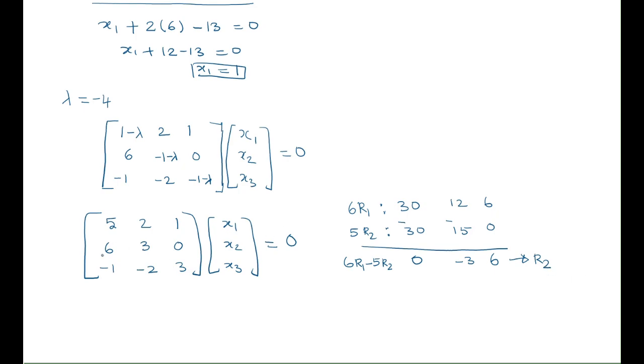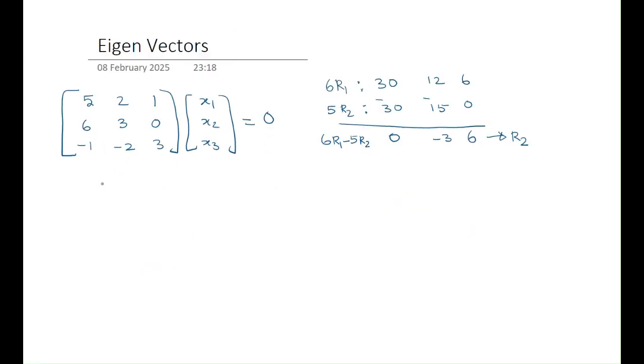Now let us do this first and then later we can continue for the third one. So if I replace the second row, I get 5, 2, 1 and 0, minus 3, 6.